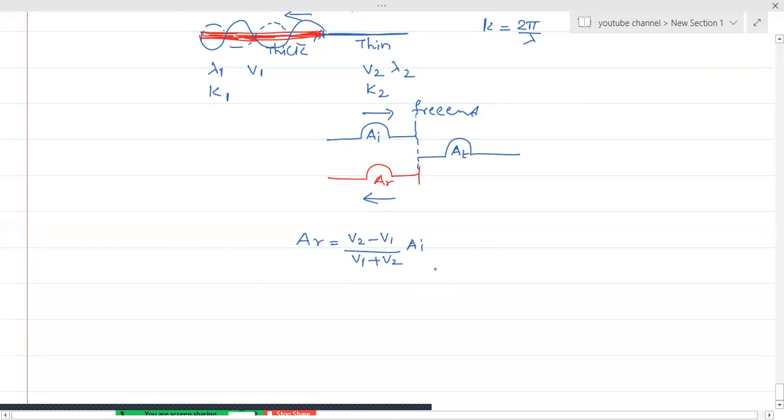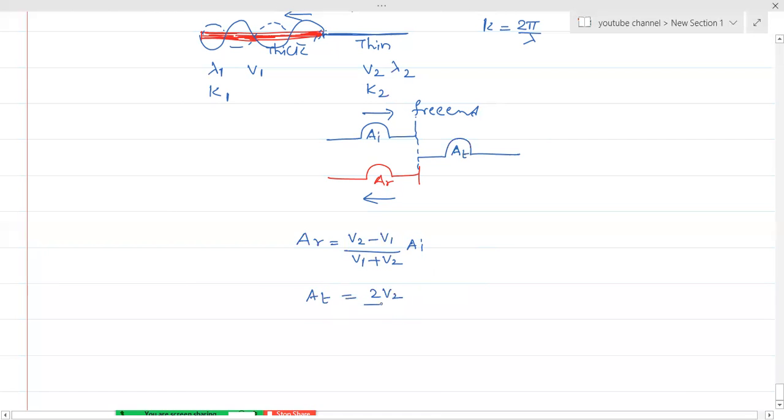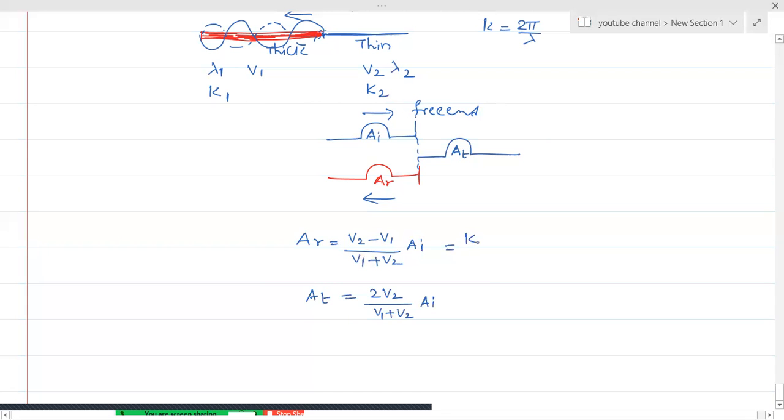And when we think of AT, that is equivalent to 2V2 by (V1 plus V2) into A. Or some people may take the approach of the wave propagation constant, so they will write it as (K1 minus K2) by (K1 plus K2) into A, and AT as 2K1 by (K1 plus K2) into A.